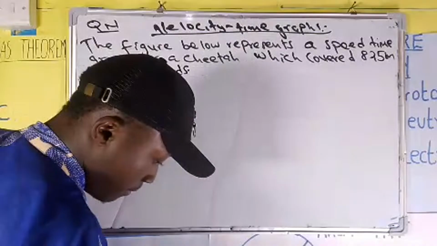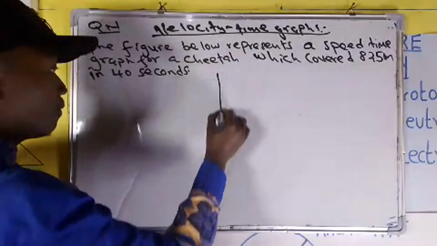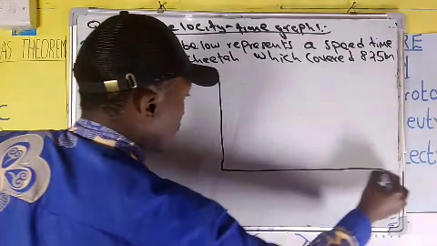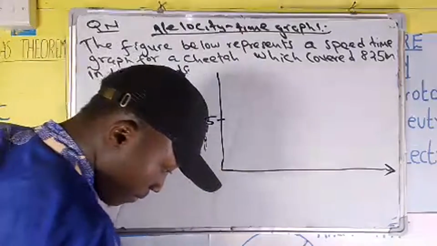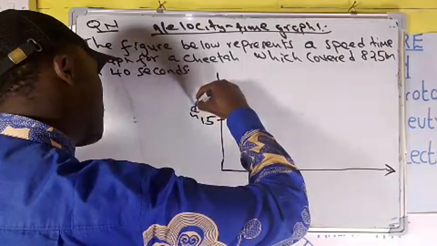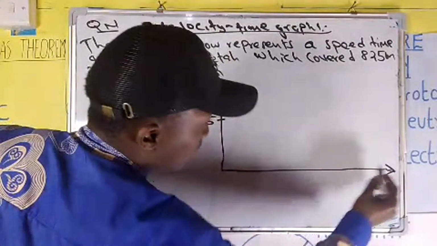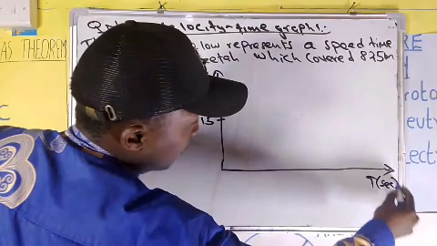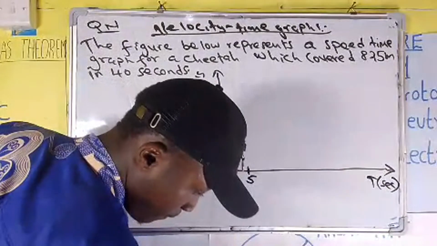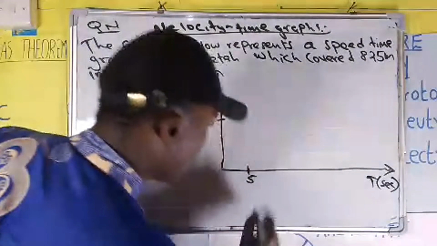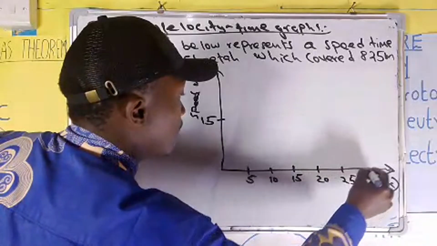So nitaichora. It started at 15. This one is speed in meters per second. Hayo ingine ni time in seconds. We have 5, 10 mpaka 30. 5, 10, 15, 20, 25, 30.